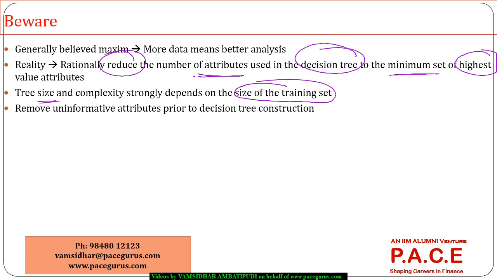Domain-wise, if you understand that a particular attribute may not contribute at all to my response variable, what I suggest is to remove it in the beginning itself, before the construction of the tree. There is a good chance that the model will become more and more complex the more attributes you add to it. So these are some of the important points to keep in mind while building your decision tree model.